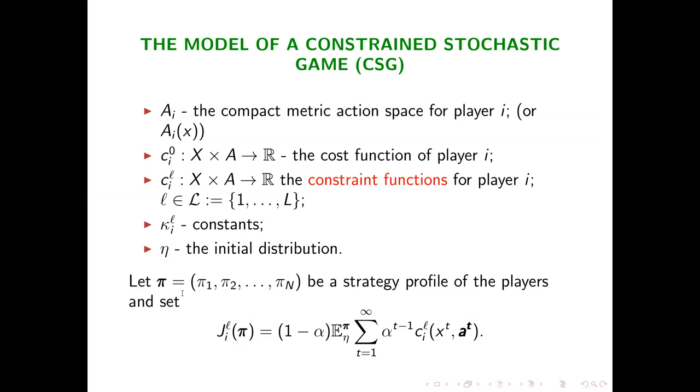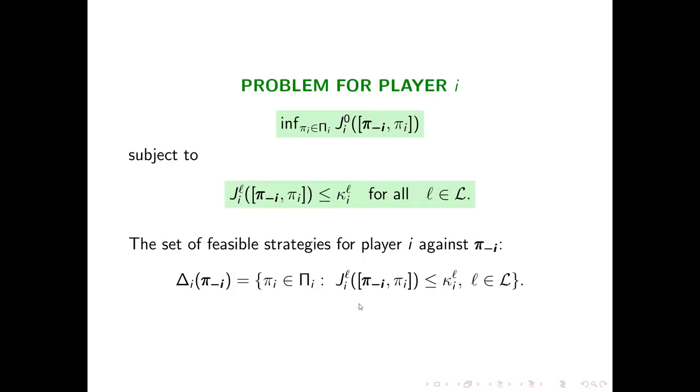And these costs are defined for the cost function, the so-called objective function of player i, as well as for the constraint functions. And the problem of player i is to minimize his expected discounted cost connected with this function c_i^0, subject to the following constraints.